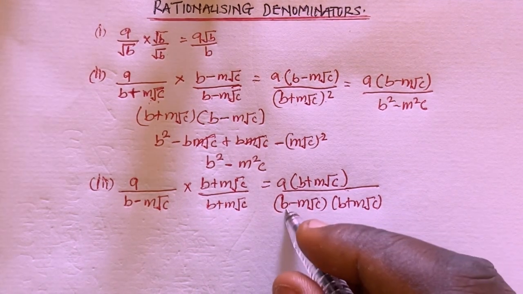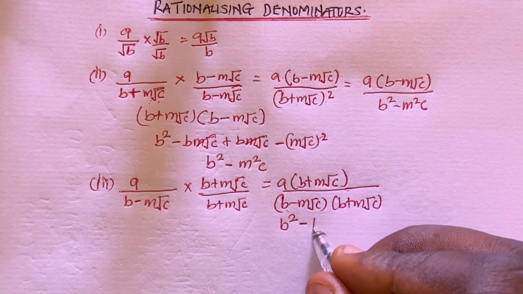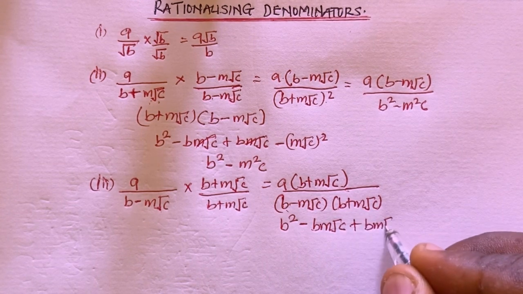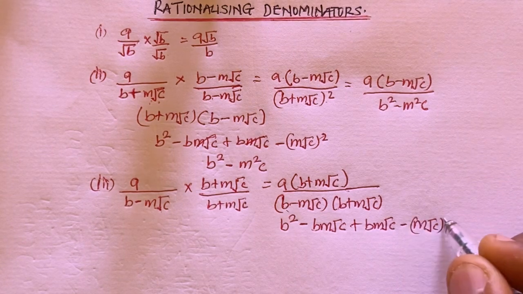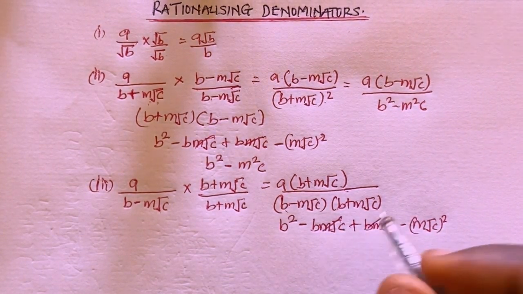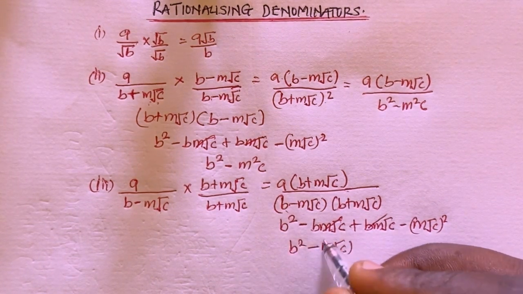Now multiplying the denominator, we get b squared minus b m root c, plus b m root c, then minus m root c all squared. This and this cancel each other, and you're going to have b squared minus m root c all squared.